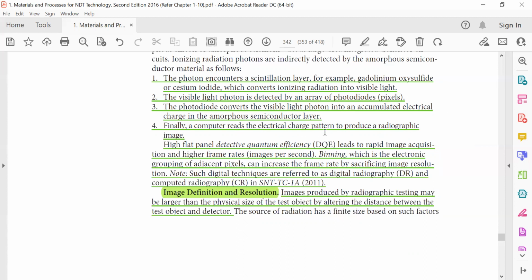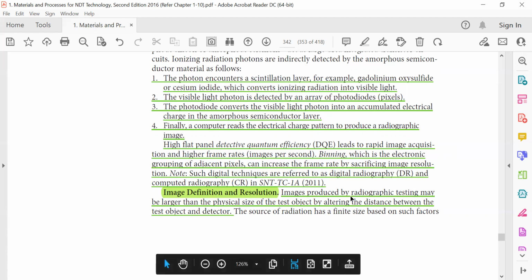Finally, a computer reads the electrical charge pattern to produce a radiographic image. High flat band detective quantum efficiency (DQE) leads to rapid image acquisition and higher frame rates. So digital radiography and computed radiography all came in 2011.